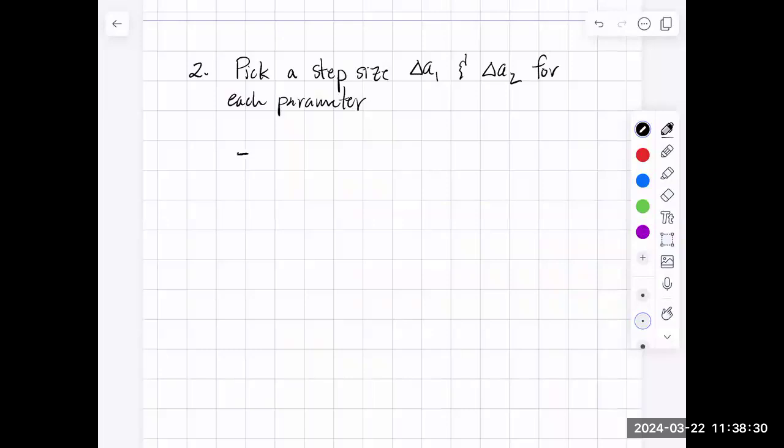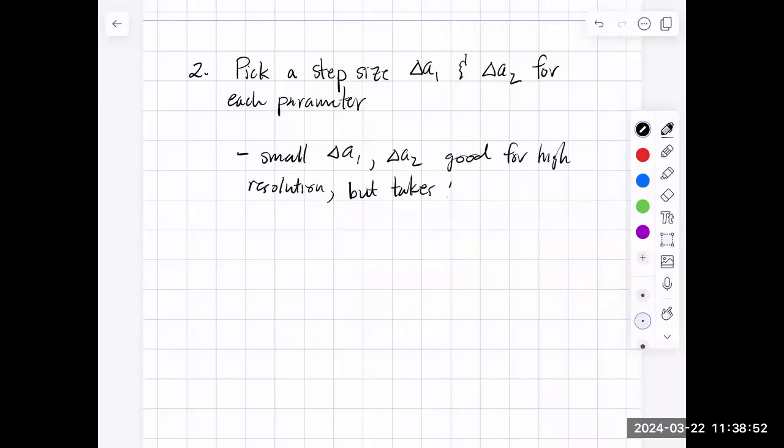Okay, so a small delta A1 and delta A2 is good for a high resolution, but takes longer to calculate all chi-squared values.